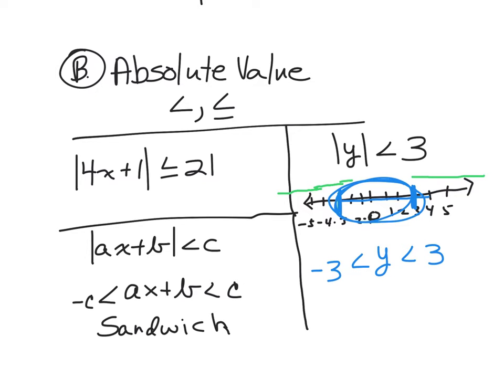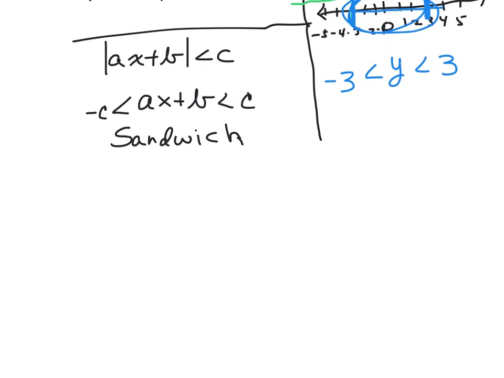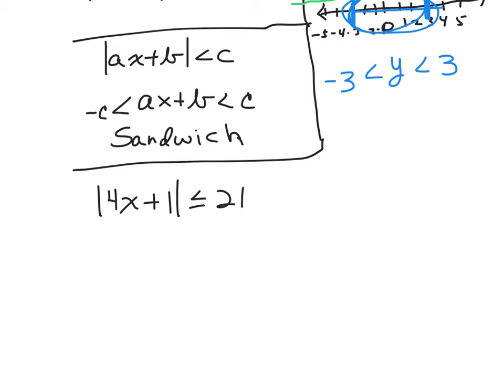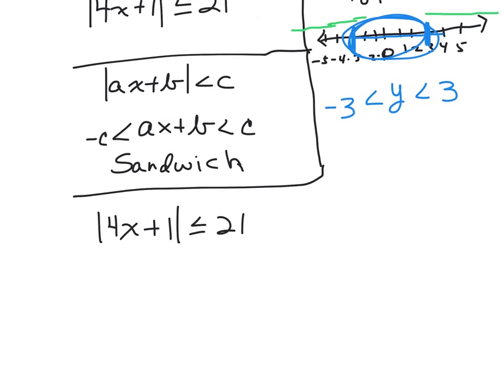Okay, so let's go back to our original problem, which was the absolute value of 4x plus 1 is less than or equal to 21.